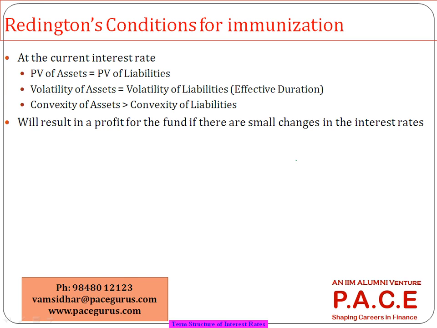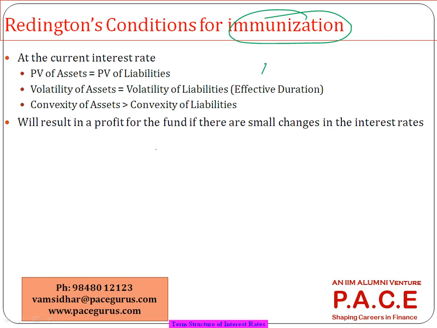And for any portfolio manager, at an individual portfolio layer, or at a fund manager layer, or even at a bank layer, which is handling multiple portfolios, for any kind of organization or portfolio, I want to check out whether that portfolio is immunized or not.